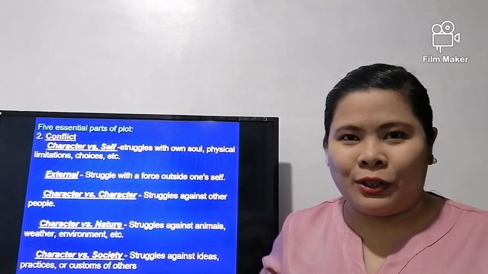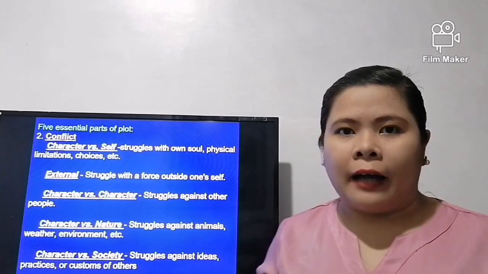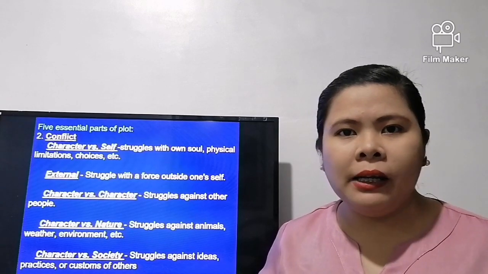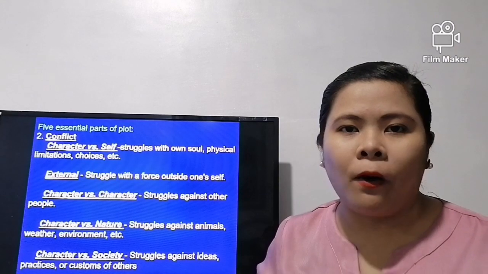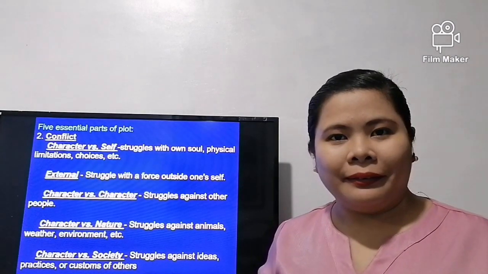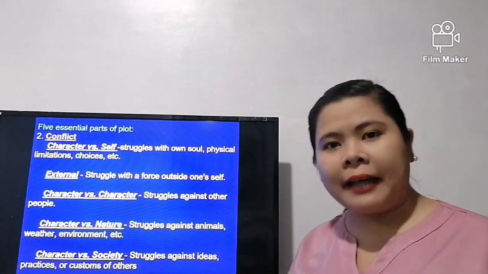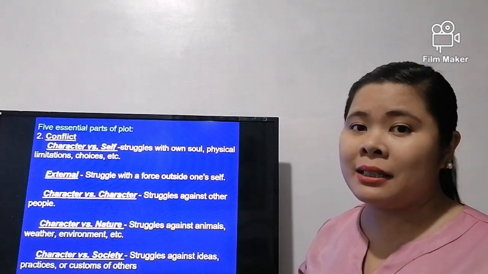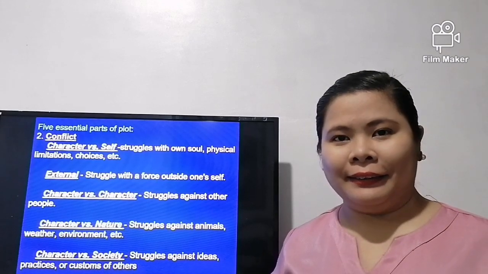External, outside. How about the third kind of conflict? Character versus character. What does it mean? Struggles against other people. Key terms, other people. How about character versus nature? When we say character versus nature, struggles against animals, weather, environment, etc.